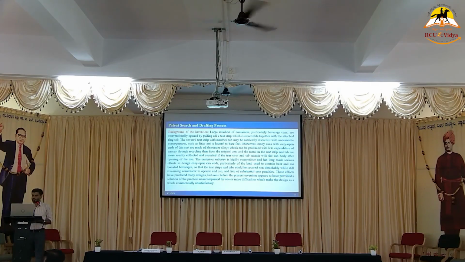Moreover, many cans with easy open ends of this sort are made of aluminum alloys, which can be produced with less expenditure of energy through recycling. The aluminum can be recyclable. And the metal in the tail strip and the tab is more readily collected and recycled if the tail strip and tab remain with the can body after opening of the can.